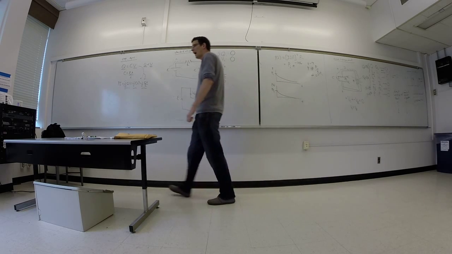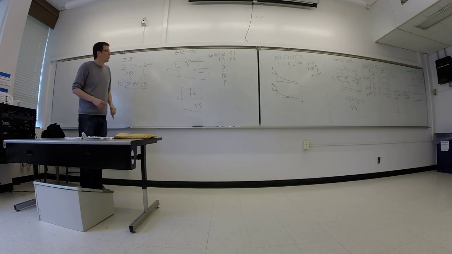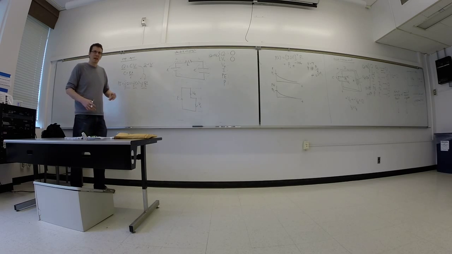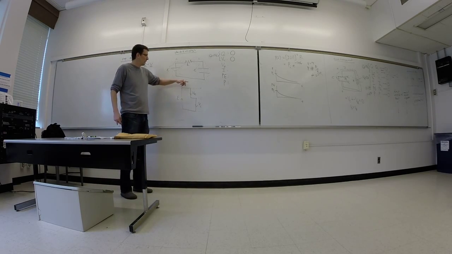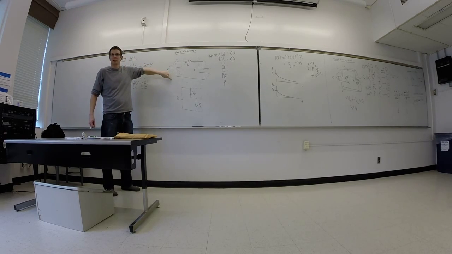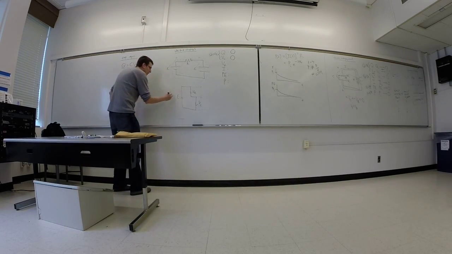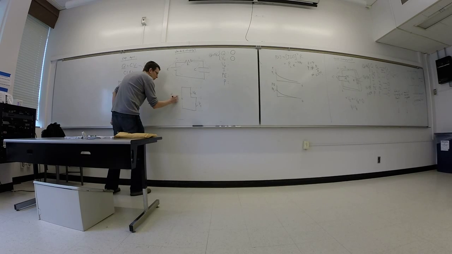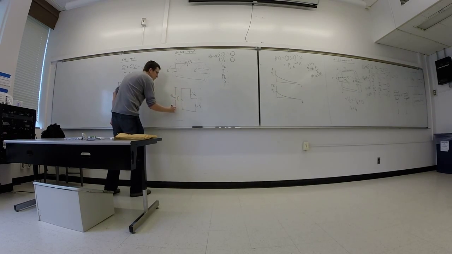However, at the beginning, let me start with A and C, of course. These are separated by the battery, and the battery provides a fixed voltage difference between regions A and C, right? So this here is fixed from here to here.